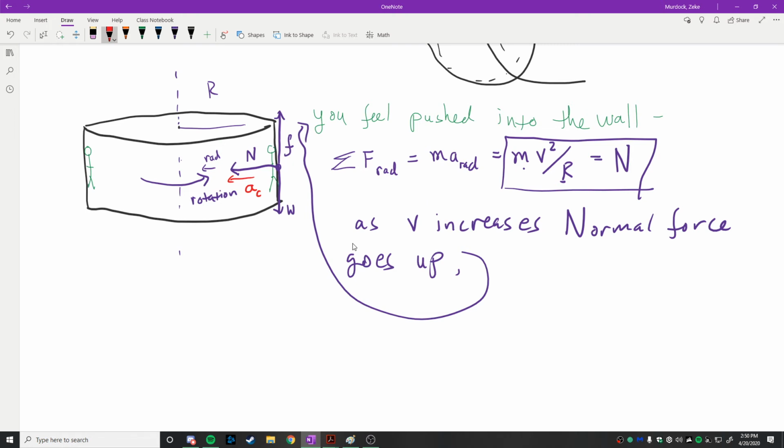I'm not trying to confuse you. You naturally think in this kind of situation that you're being forced outwards, but in reality you're being pushed inwards. If that makes any sense. It's your inertia that makes you feel like you're being pushed outwards.